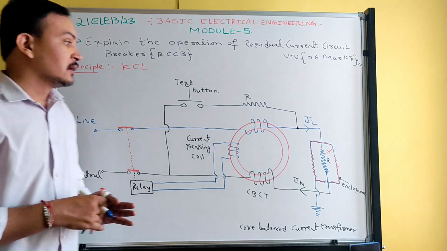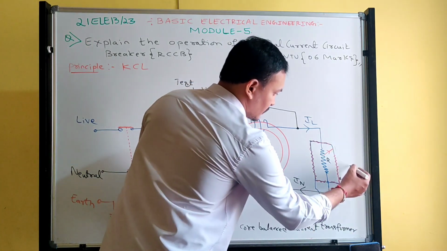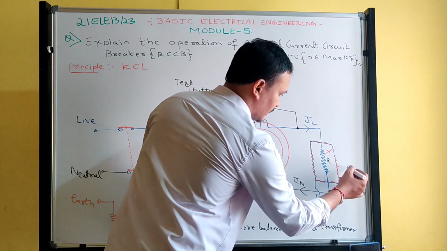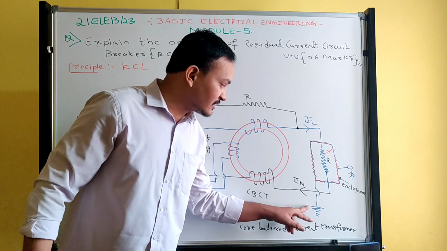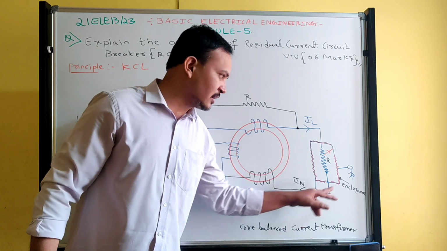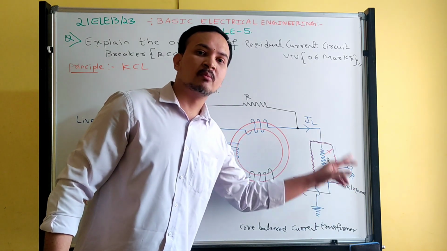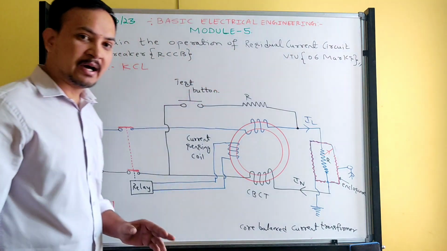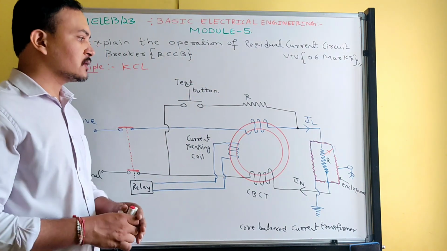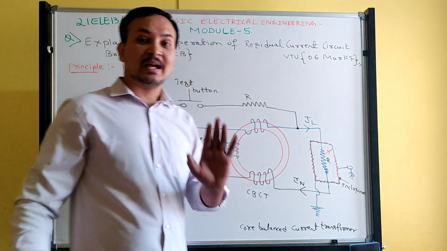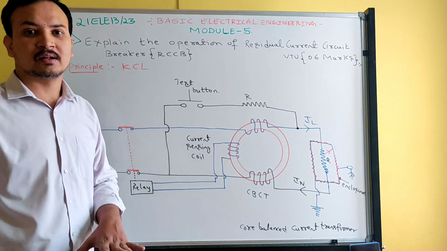Why? Because this earth resistance is very low compared to the human body resistance, and current always takes the least resistance path. Because of that, a human is protected against earth fault.